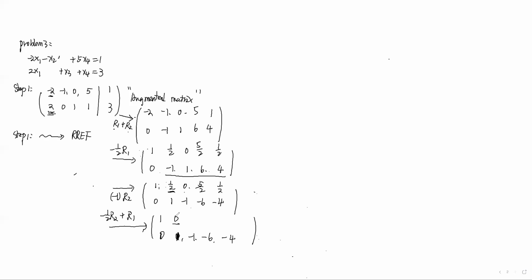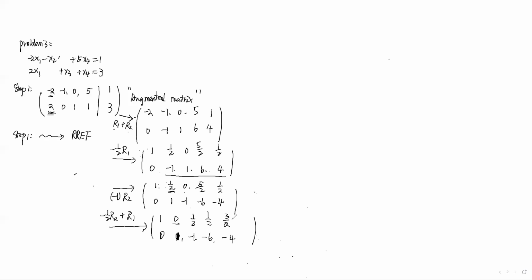This is 0, that's our goal. You multiply negative half, you get a half. You multiply negative half, you get a half, right? So you multiply by negative half, you get 3/2.